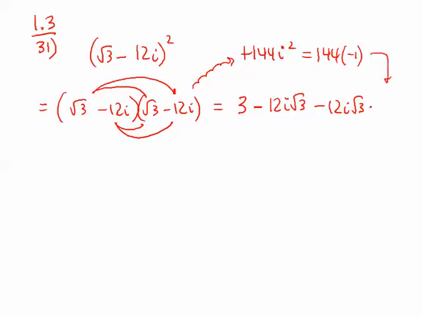So what happens here, I get myself a negative 144. Alright, then adding the common terms up, 3 and a negative 144, how about a negative 141? And then the complex terms, those are like terms too, how about a minus 24i root 3?